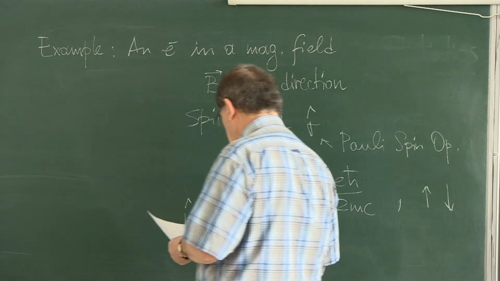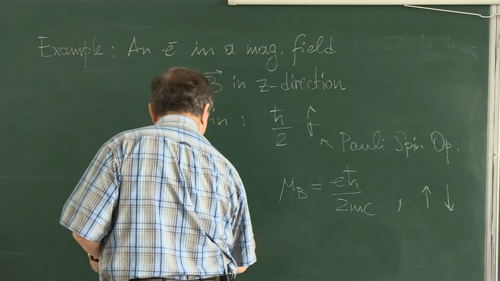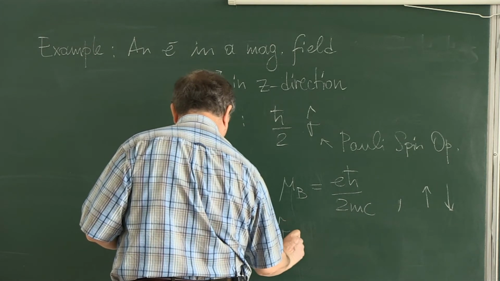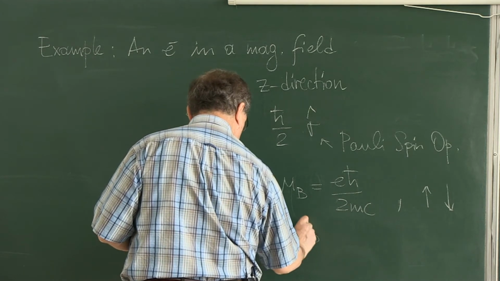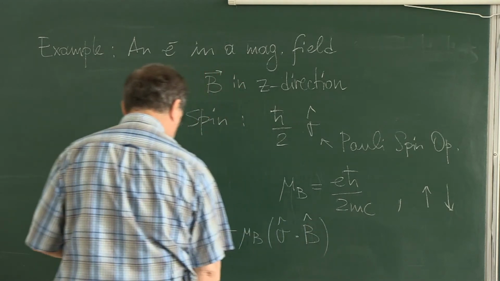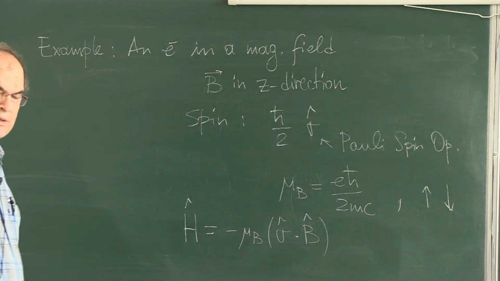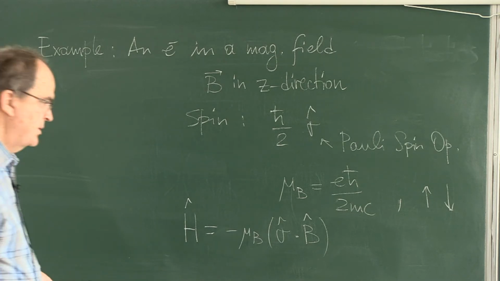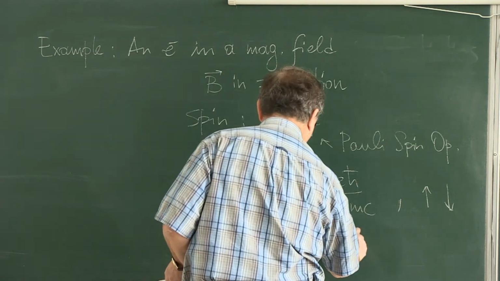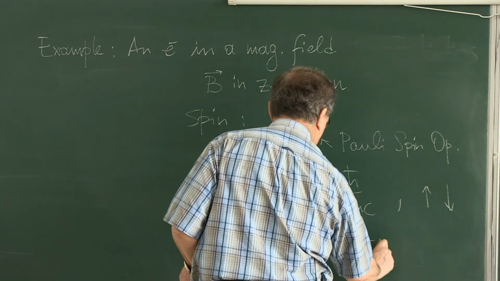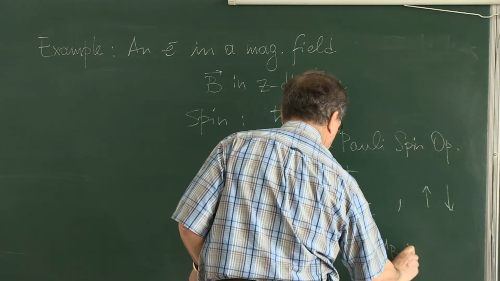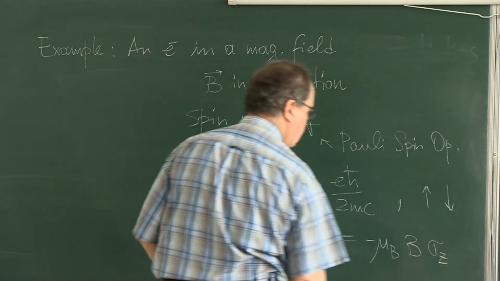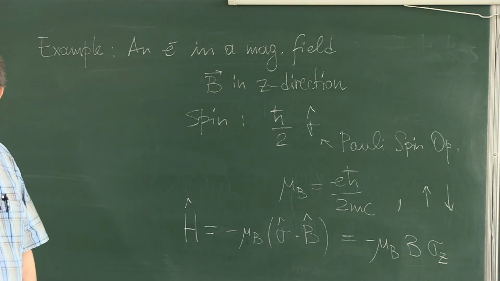Minus mu dot B, or minus mu B sigma dot B. Since B is in the Z direction, sigma is sigma Z. So minus mu B sigma Z, the Z component of sigma.